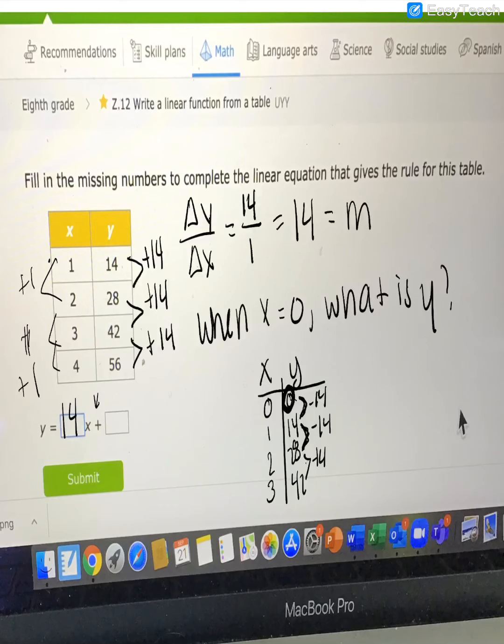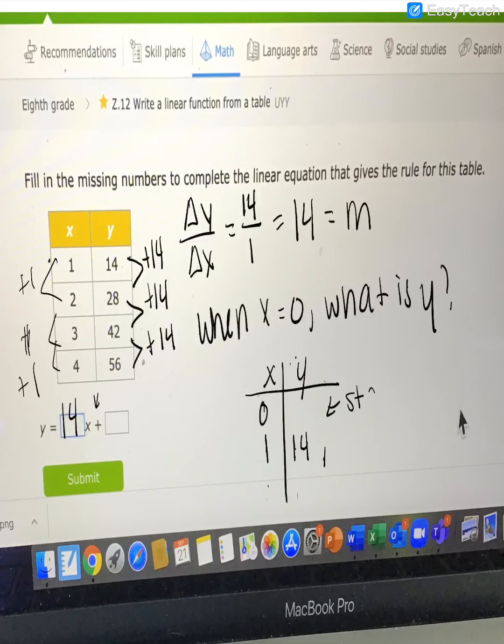Okay, so let's go over that one more time, how I found my starting point. We know we're adding 14 each time, and we know when x is 1 we have 14, and 0 is our next number, and that's what we want to find.